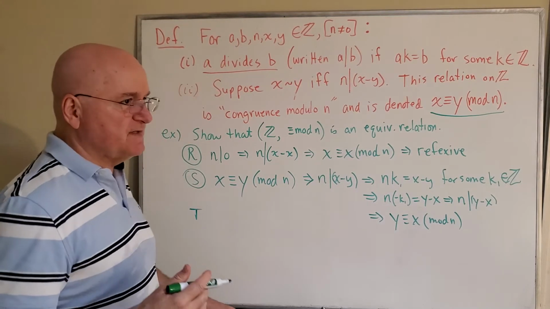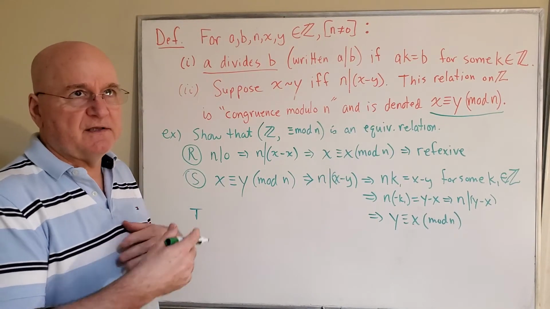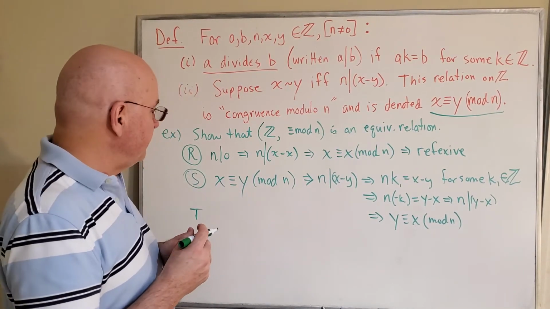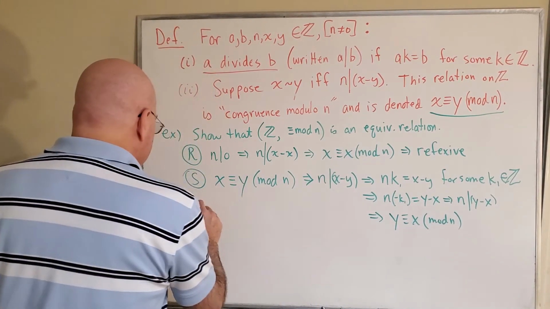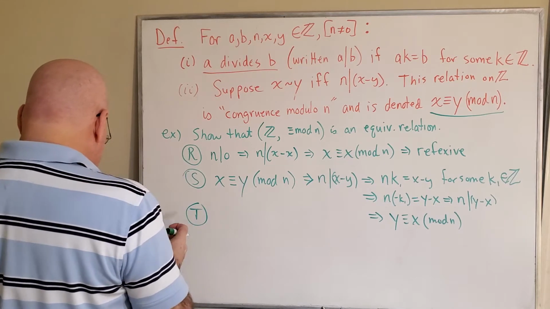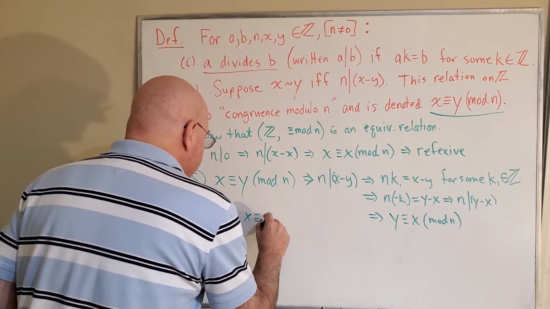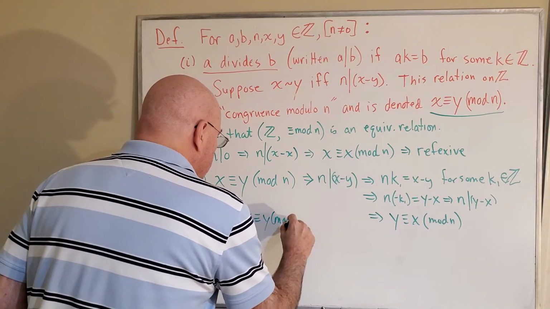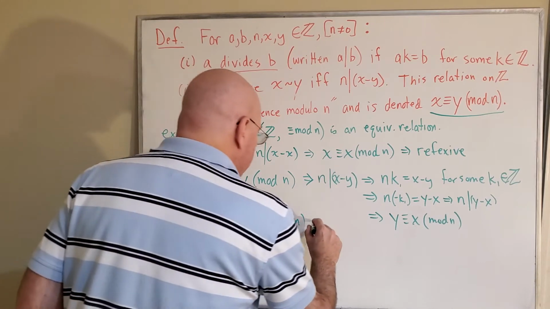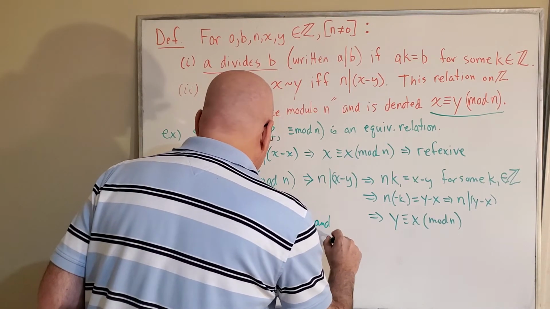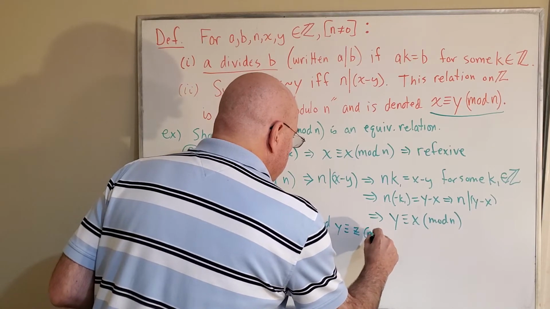And in the transitive case, here we have to say if x and y are equivalent in mod n and y and z are equivalent in mod n, then x and z are equivalent mod n. So we'll start that off by if x is equivalent to y mod n, and y is equivalent to z mod n.